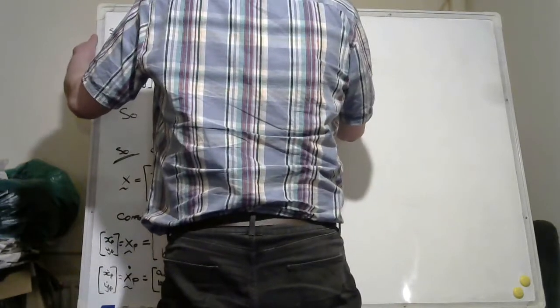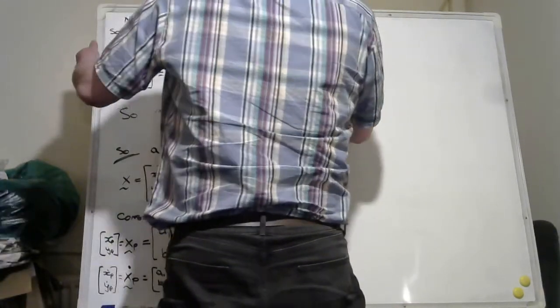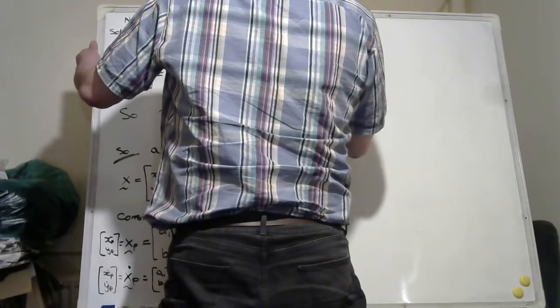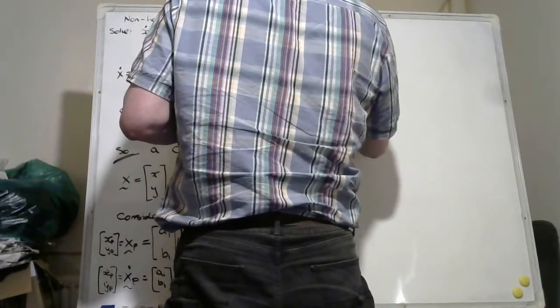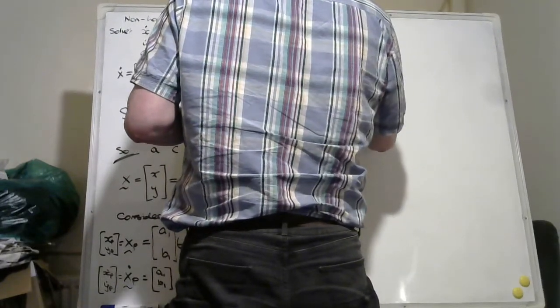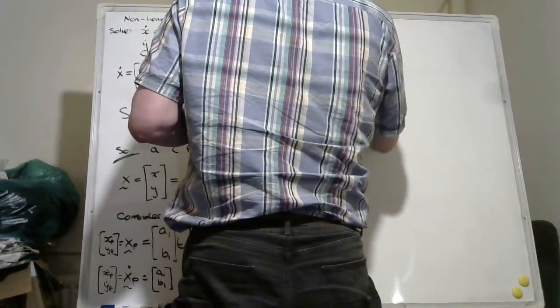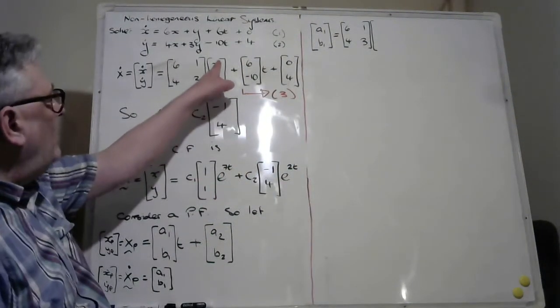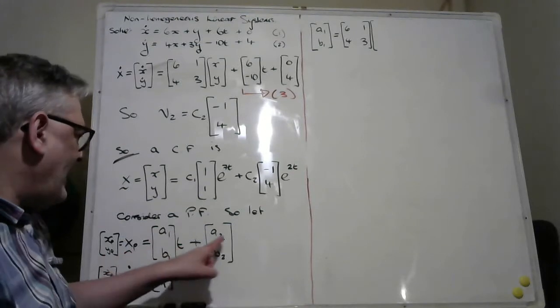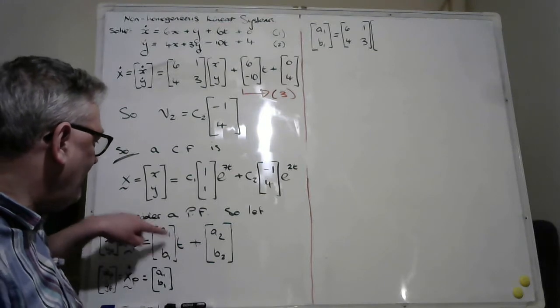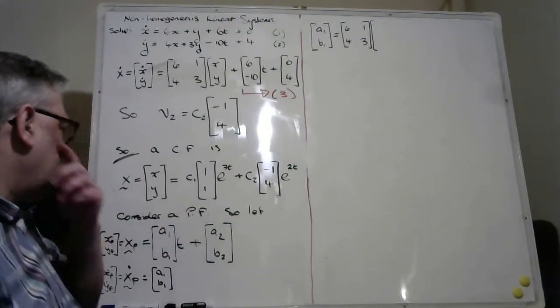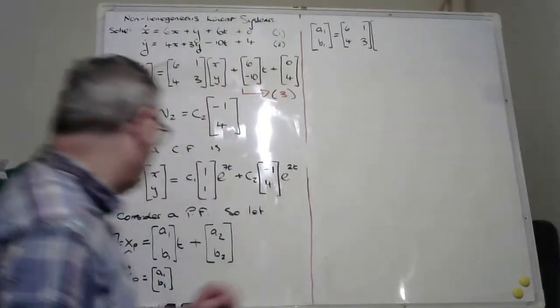So we get A1, B1 on the left-hand side, and that's equal to 6, 1, 4, 3 times, in brackets, and this is our xy vector, which is this here. So I'm just going to multiply all the entries out by t there and add them to the constants here in this matrix up here.